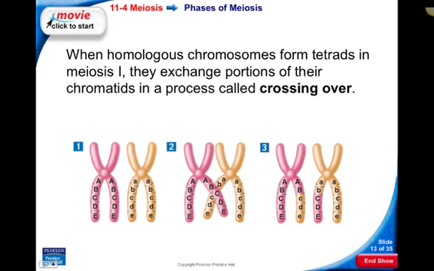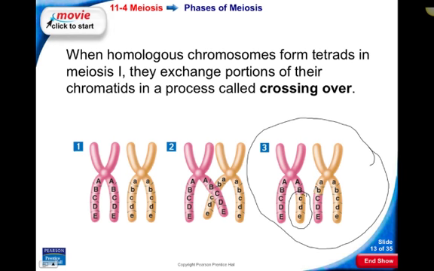When homologous chromosomes form tetrads in meiosis 1, they exchange portions of the chromatids in a process called crossing over. What happens is they get together, they end up squeezing together so hard that pieces break off and are exchanged. See how they switched legs here? This is how every offspring is completely different than its parents, because of these pieces being broken off.